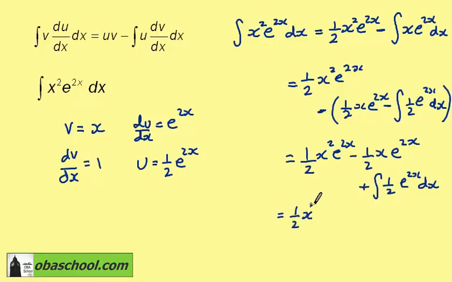So a half x squared e to the 2x, take away a half x e to the 2x, and of course we can integrate this, and we get a quarter, remember dividing by 2 again, so we get a half times a half, which is a quarter, times e to the 2x, and then add a constant.